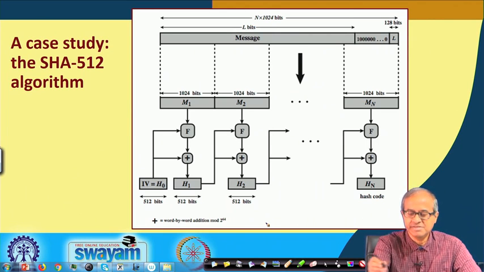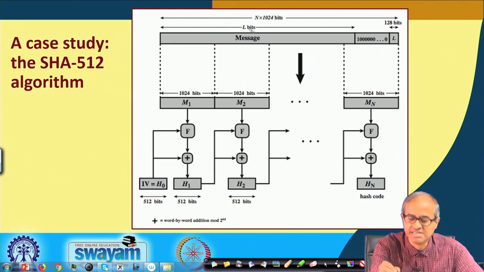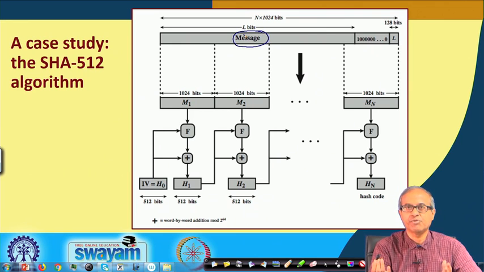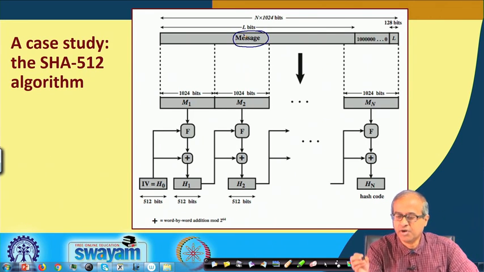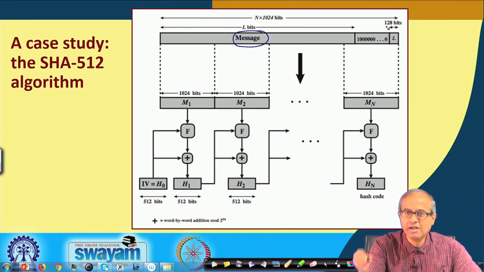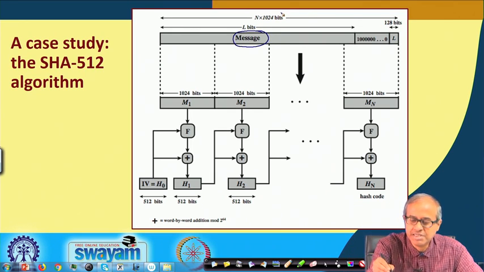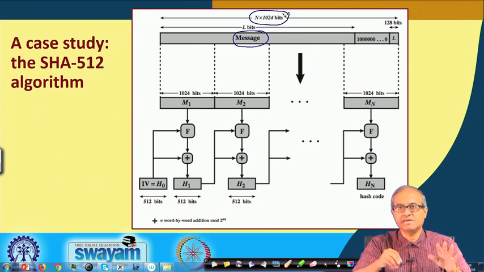Just to look at what we are doing here, I have the message that I want to compute the hash value on. The first thing is that the total bit string that I am trying to hash must be a multiple of 1024 bits, that is a restriction with SHA 512.